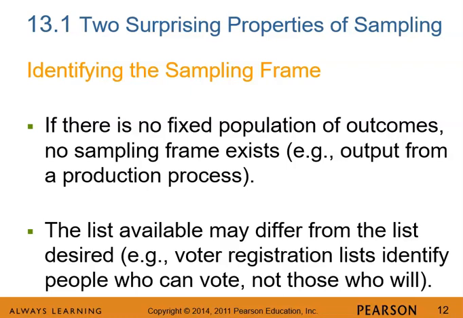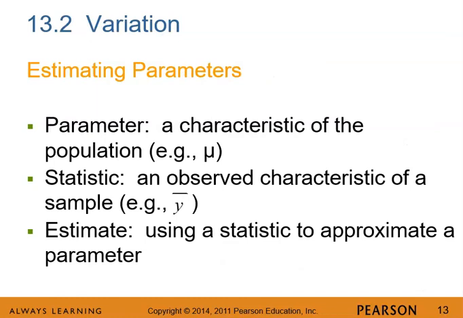For example, voter registration lists identify people who can vote, not those who will vote. You count on a person to vote, but on that day, they might or might not vote. Or maybe in a medical center, not everyone who makes an appointment for a medical checkup would attend that day. Many people cancel it, right? So that's another case.